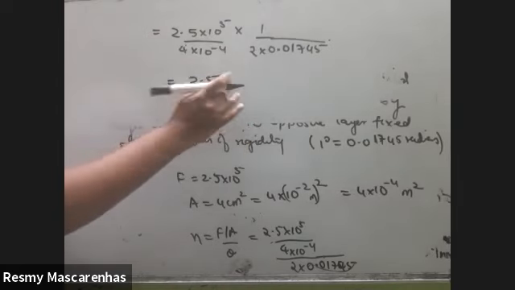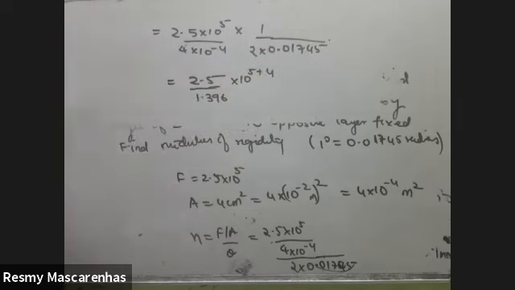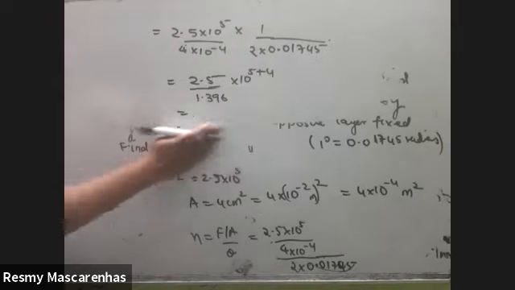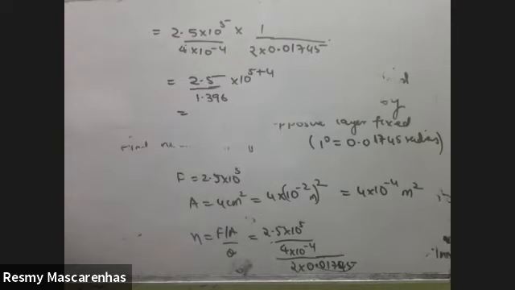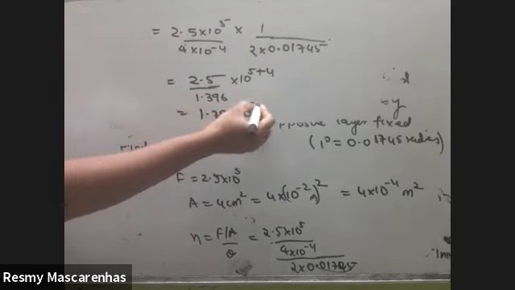This will go on top and become 5 plus 4, that will be 9. Divide 2.5 by 1.396. That will be 1.79 into 10 raised to 9.